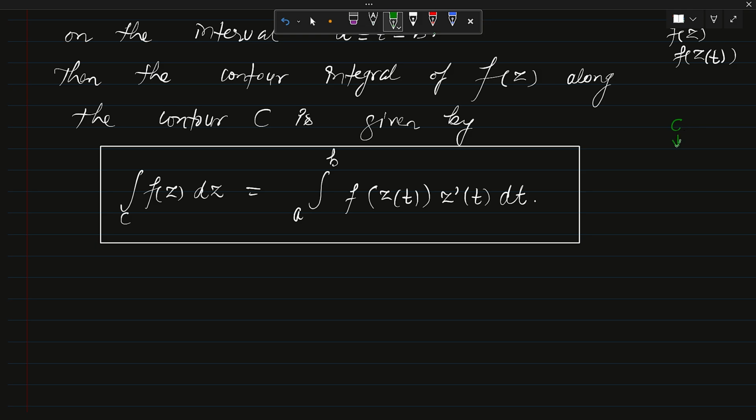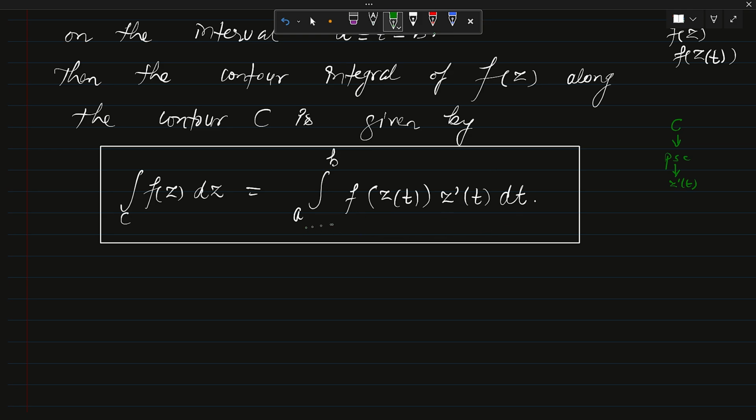When C is a contour, then it is a piecewise smooth curve. Now this smoothness gives us z of t, and we always say that z prime of t should be a piecewise continuous function, only then do we call it a contour or smooth. The definition of smoothness is that the first order derivative is continuous. Now when this is continuous, the function we are going to integrate is a piecewise continuous function. And we have studied in Riemann integration that when we integrate a function along a real variable, if the function is piecewise continuous, the integration exists. So the smoothness of this contour will provide us the existence of this right hand side integration.